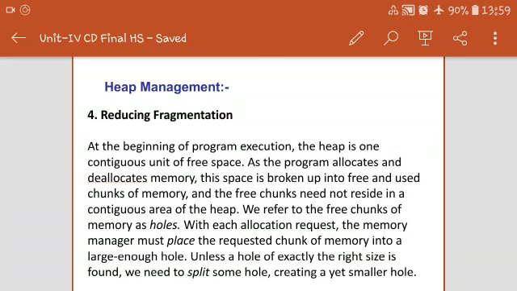Suppose A to D are to be allocated in memory, and A and B are available in memory, but there is no task to be performed on C. So C is to be deallocated, but there is a requirement for the D variable.